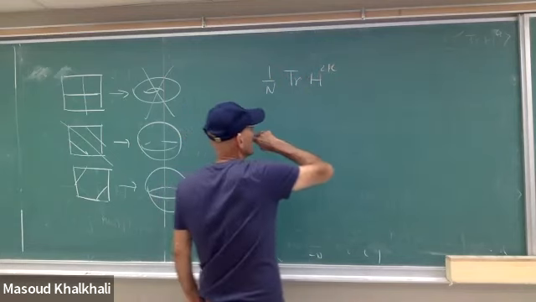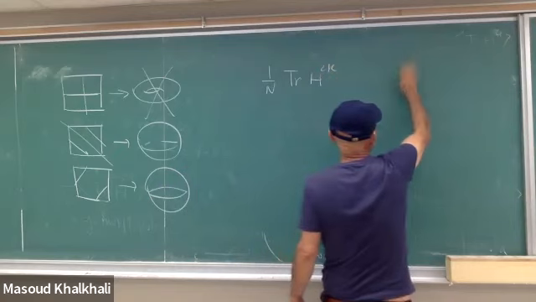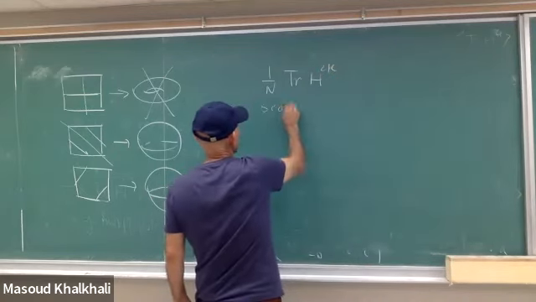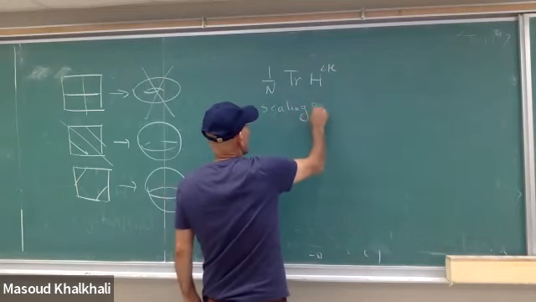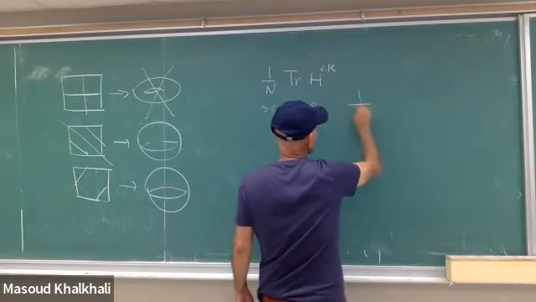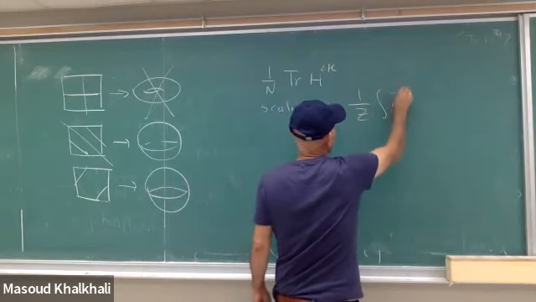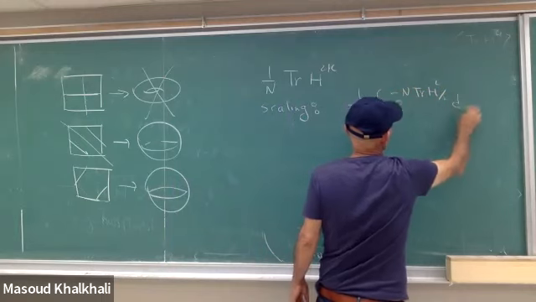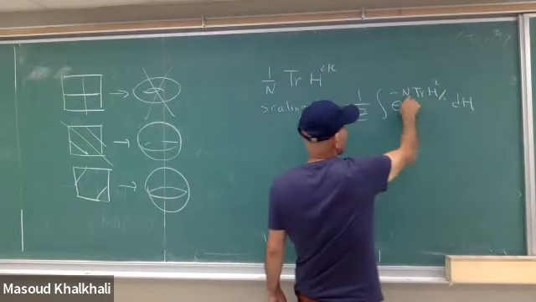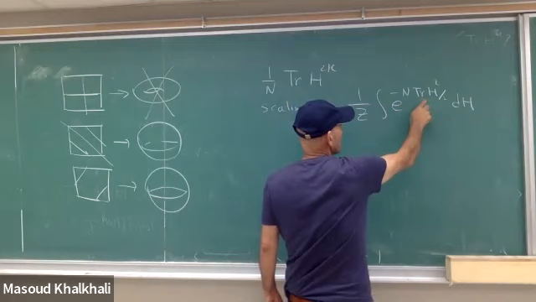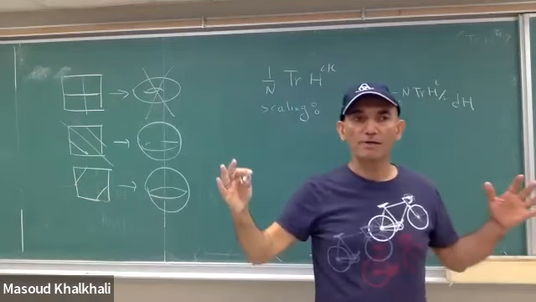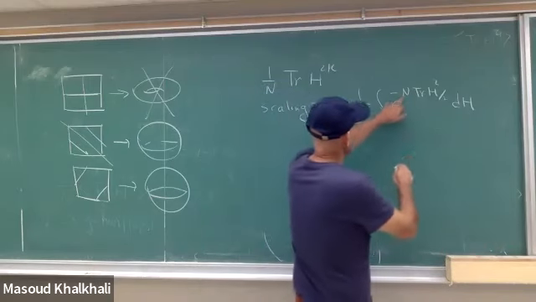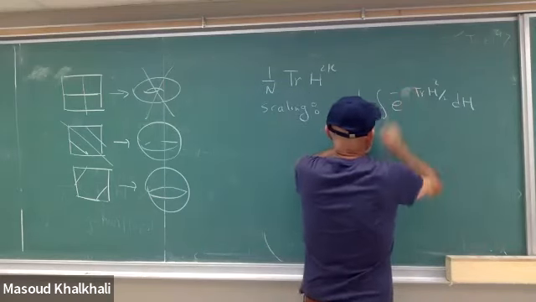We wanted to compute this. But remember the measure we used, the scaling we used, was the following: 1 over Z times the integral of e^{-n trace of H^2 / 2} dH. So as n grows, this decreases the effect of larger and larger eigenvalues. It basically compresses the thing. So let me put it this way. If you don't put n here, you get infinity.